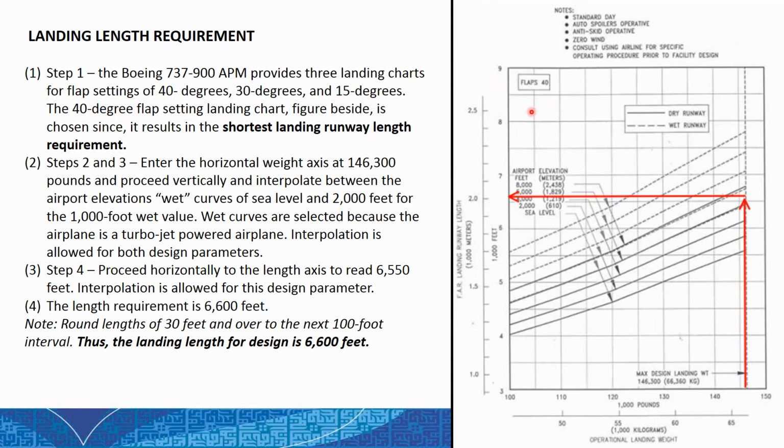Why do we choose this? Because it results in the shortest landing runway length requirement. We compare the 40, 30 and 15 degrees, and we choose the shortest landing runway length requirement, and flap 40 has the shortest.